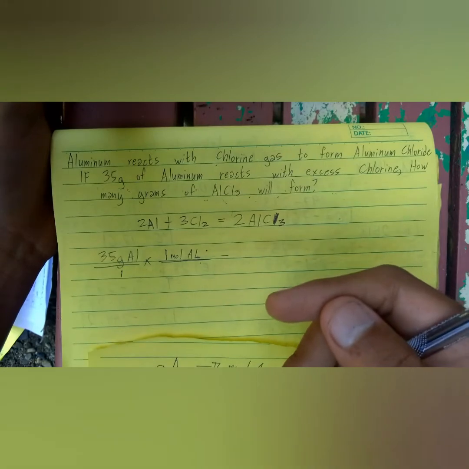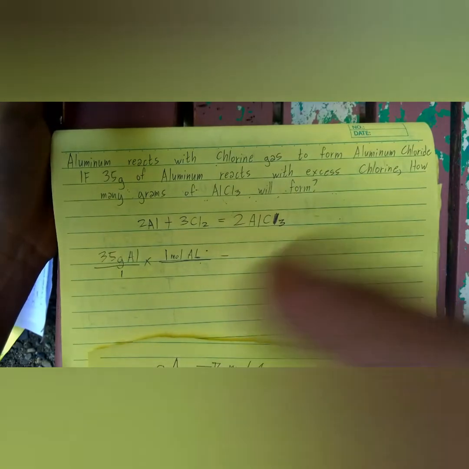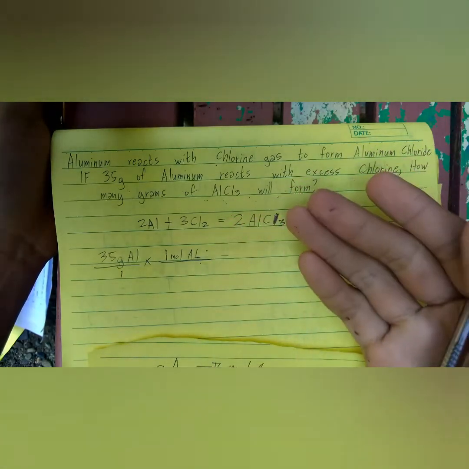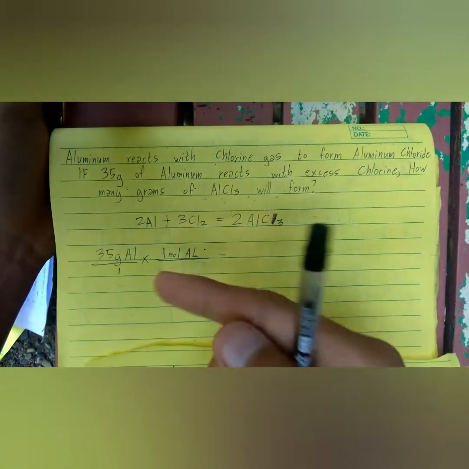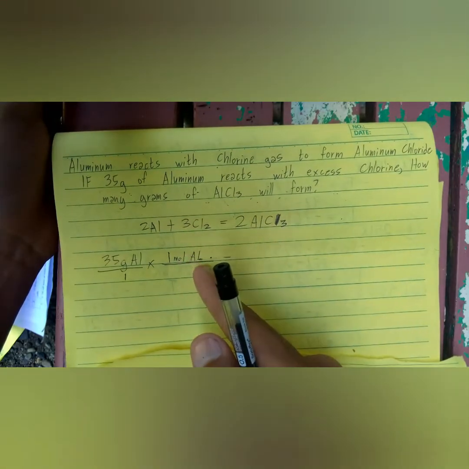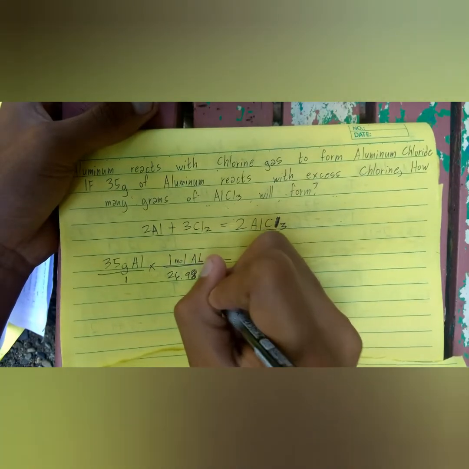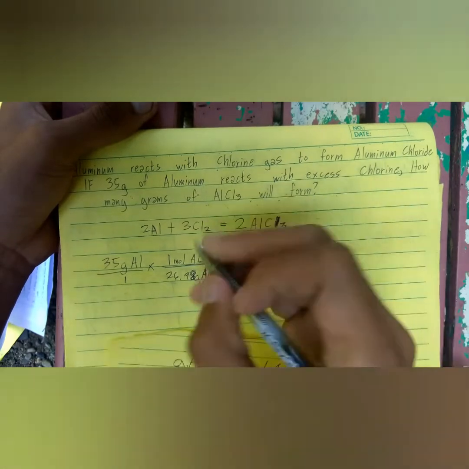How do you find the grams of a substance? You're right. Look at the periodic table; the atomic mass is the mass of a mole of the substance. 1 mole of aluminum is 26.98 grams of aluminum. You can find it in the periodic table.